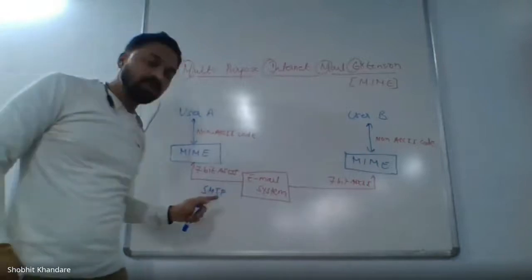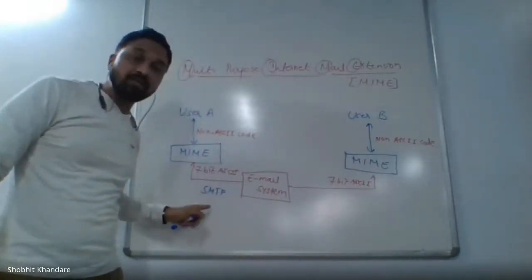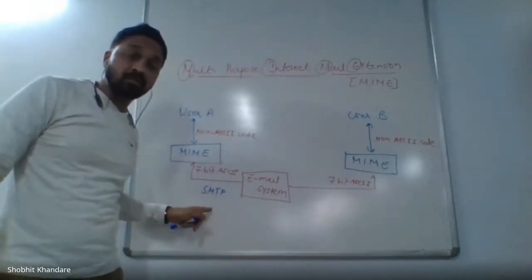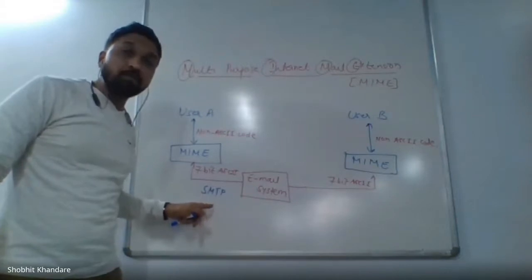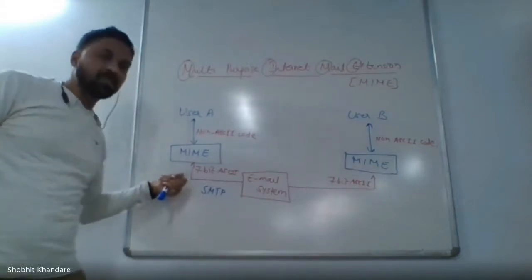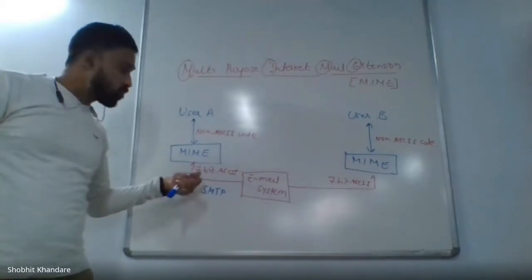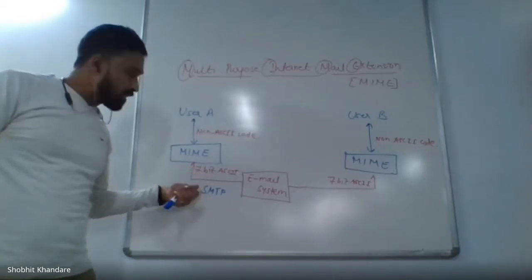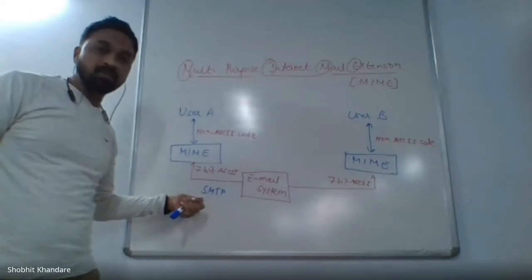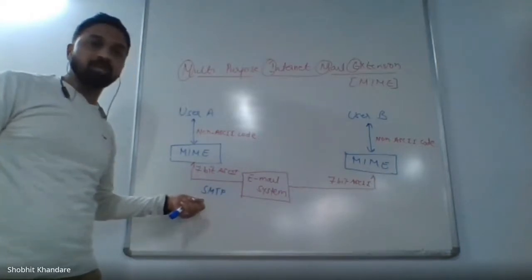So can you see here, your SMTP is supporting 7-bit ASCII. If I do not have ASCII, I cannot transmit the mail using SMTP protocol. That is as simple as possible.